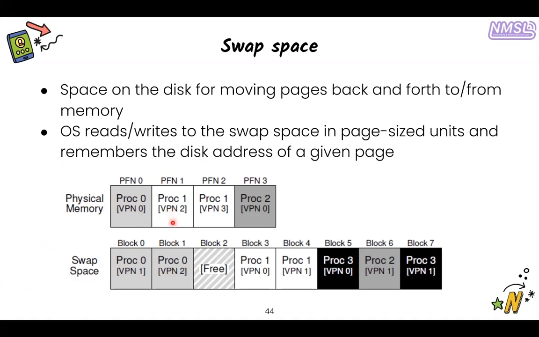Now, PFN 1 has VPN 2 in here, but VPN 0 and 1 are in the swap space, etc. Oh, actually, PFN 1 also has VPN 3 on the physical memory. Interestingly, process 3 has none on physical memory, which is fine. You don't need it, you don't use it. So below physical memory in the hierarchy, there's a swap space.